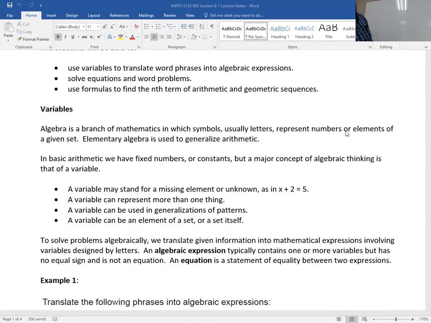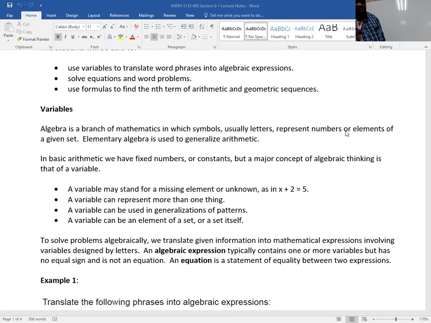Or if I want to know how much older one person is than another, then x will be that difference between two people's ages. Also, a variable can be used to generalize patterns.